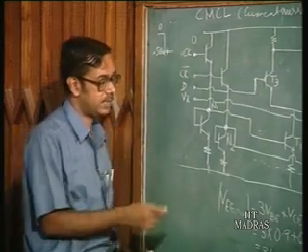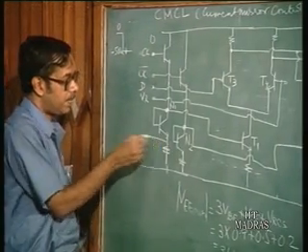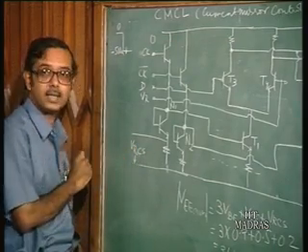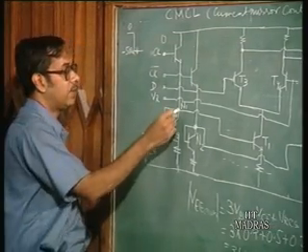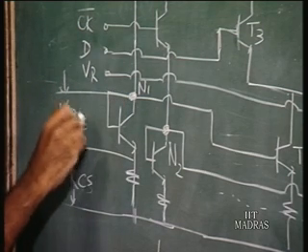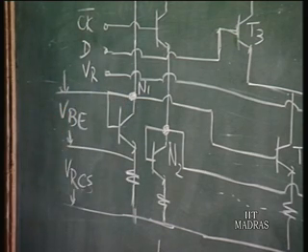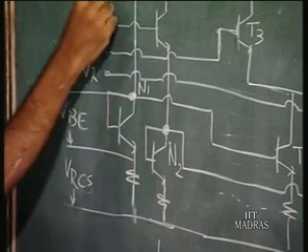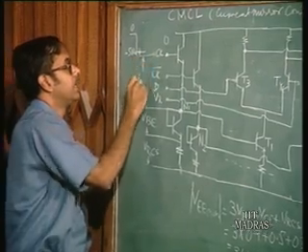What you have here is, again, VRCS. Let us say this is the voltage. From here to here you have VBE at the base at node N1, and from here you have another VBE.